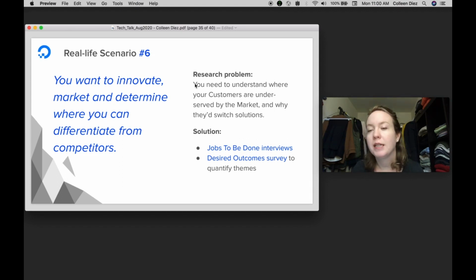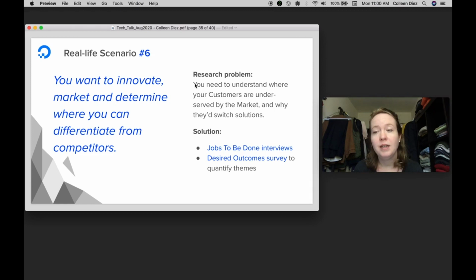They don't understand where to go from here, or we've got a company, we're pretty established, but we'd like to scale up, or we'd like to find where our customers have more appetite. So as a research problem, you're trying to understand where your customers are underserved, not by you, but by the entire market, and also why they would even consider switching solutions from a competitor to your solution.